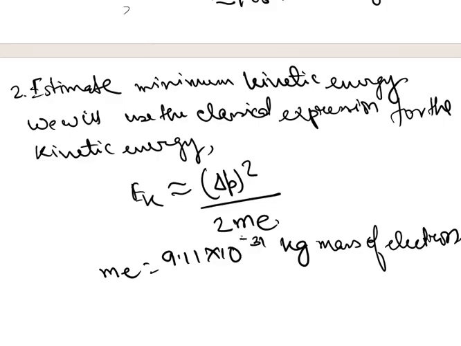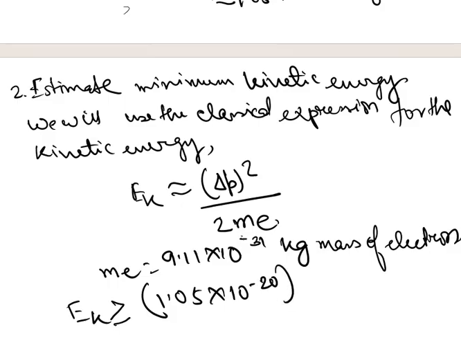Therefore, we substitute, and it will be Ek equal to (1.05 × 10^-20) whole squared by 2 × 9.11 × 10^-31.